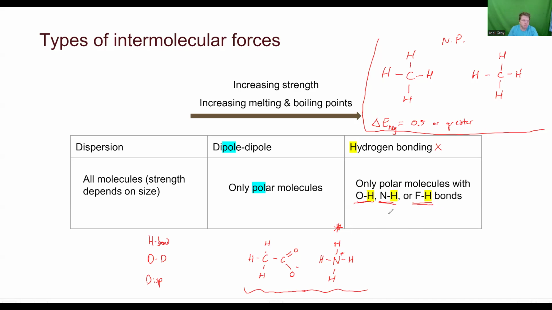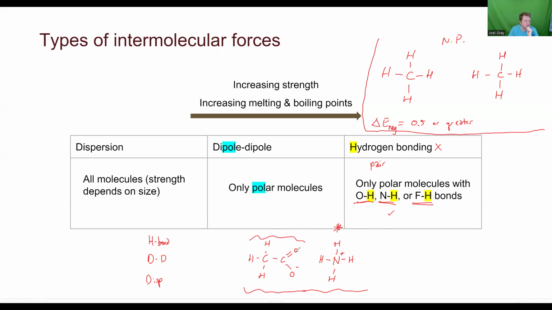I do. Great. Do I have OH? Nope. Do I have FH? Nope. Does it matter that I don't have OH and FH in that molecule? It doesn't. Because whenever I'm looking for a hydrogen bonding pair of two molecules, what I'm looking for is one of those three in each of them. So I've got it in my NH4, but what about in my other molecule?